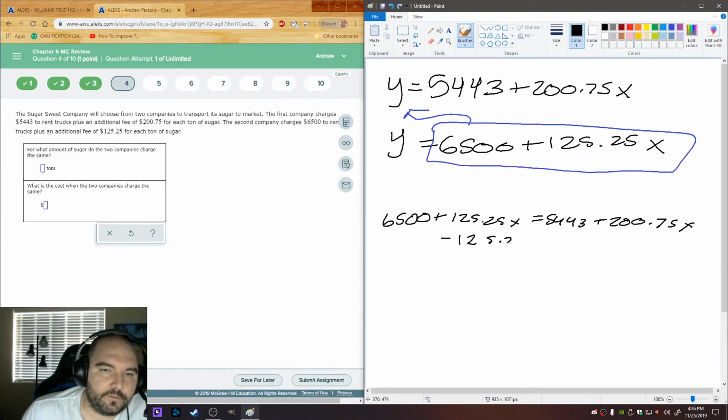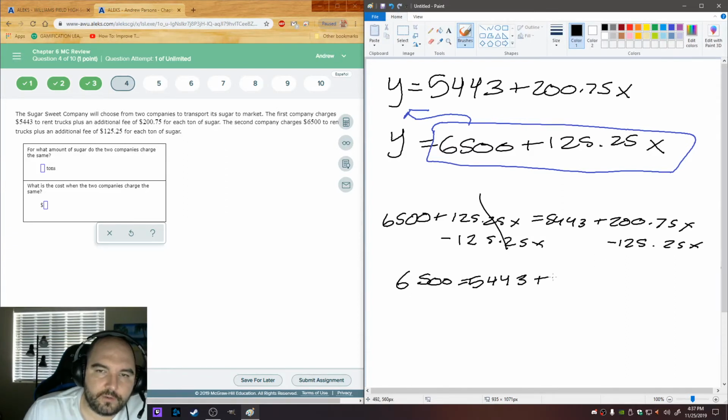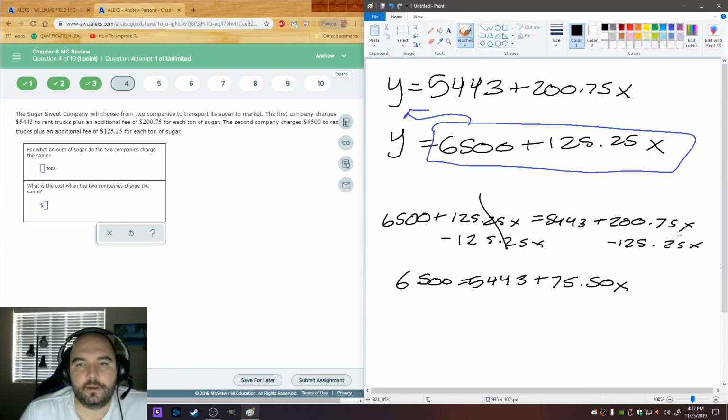It's the lesser of the 2 x values, so it seems like the thing to take away. So what I get left with is 6,500 on the left. That equals 5,443 plus 200.75 minus 125.25, which is 75.50x. 75 cents and 25 cents. Okay, now we work it out from here.